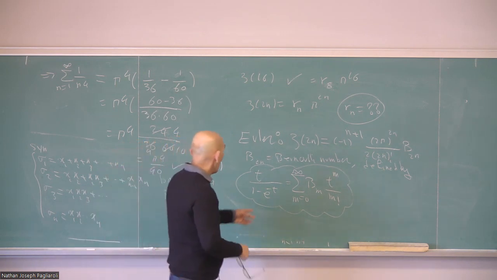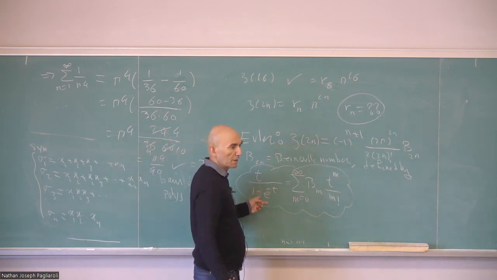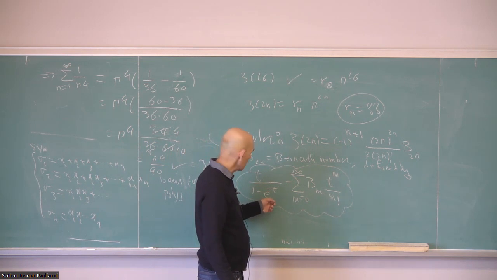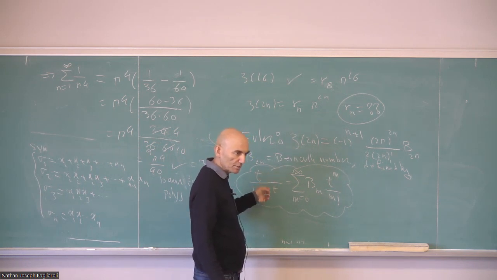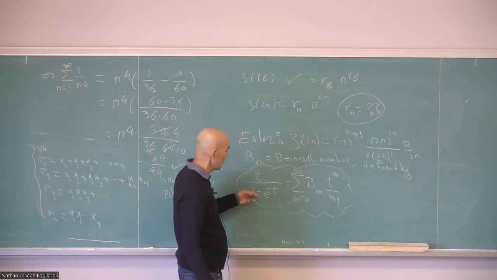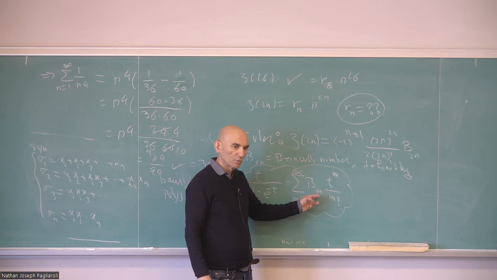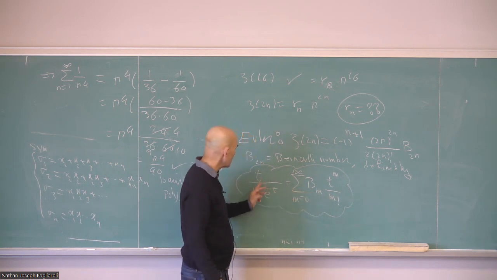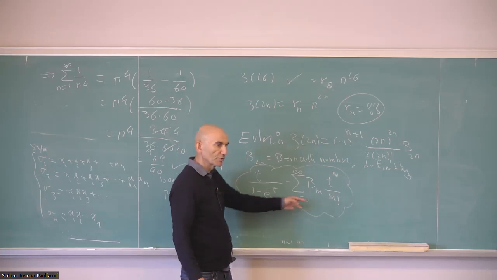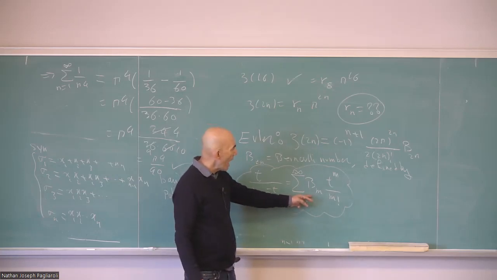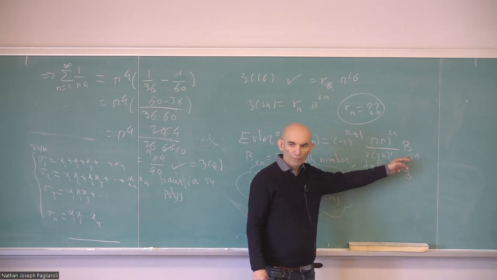You see, this function is analytic at t equal to 0, because if you put t equal to 0, you get 0 over 0, but using L'Hopital, this becomes an analytic function. It has a limit, is nice at 0. So it's a power series, you expand it in terms of t to the power m, and this pops out the coefficient. So this is the exponential generating function of Bernoulli numbers. And these are the ones that appear over there.